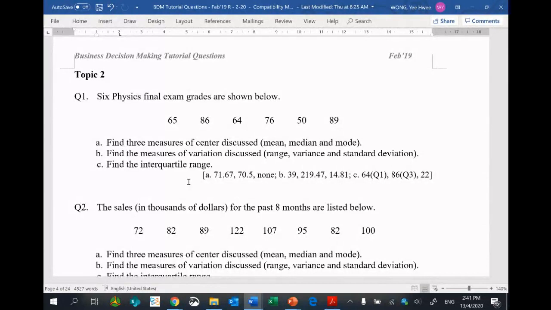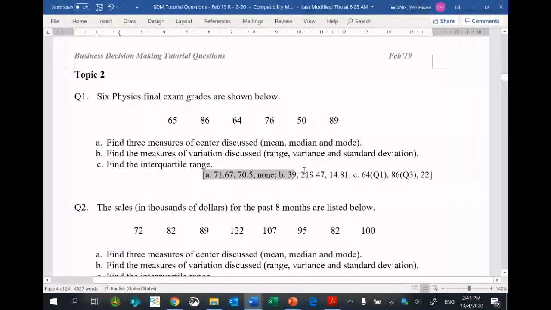Because if I were to give you all the answers, you don't have the opportunity to try, right? So those questions I will not give you answers, but questions where you need to do some calculation and only then get the final answer, I will give you the final answer. It will be the same throughout all the tutorial questions.